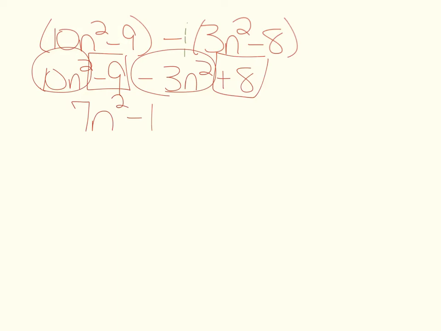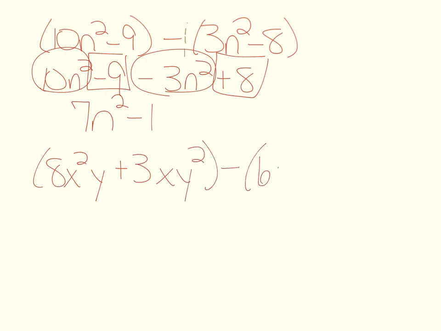Let's look at one that looks a little different. Let's say I have 8x squared y plus 3xy squared, and I'm going to subtract 6x squared y minus 11xy squared. Now here's where what I talked about, like terms, the variables and the exponents have to match.